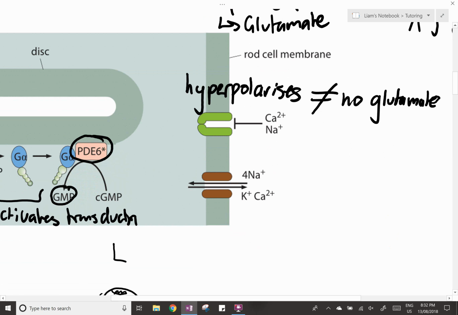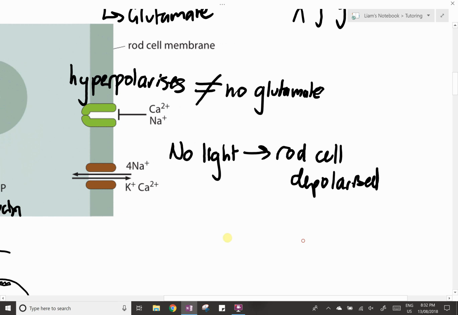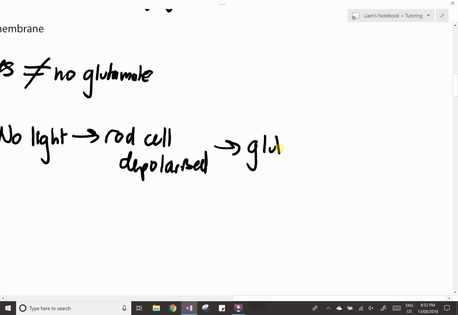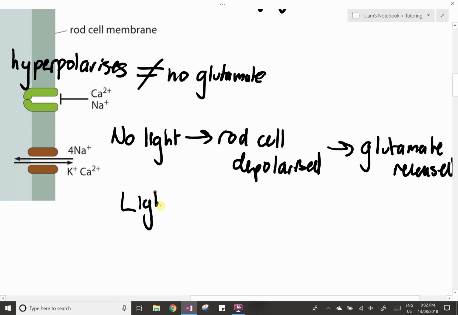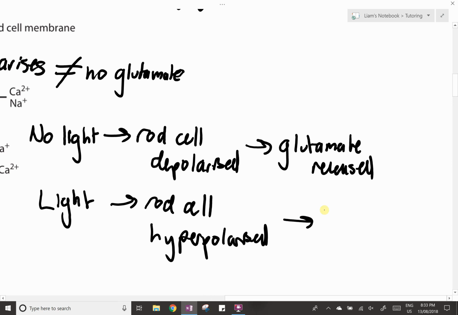So this seems a little bit counterintuitive at first, but basically it means that when there's no light, the rod cell is depolarized. And that means there's glutamate being released. When there's light present, the rod cell is hyperpolarized. And that means there's no glutamate released.